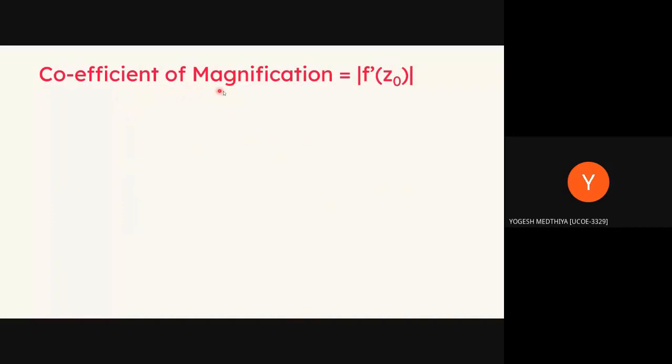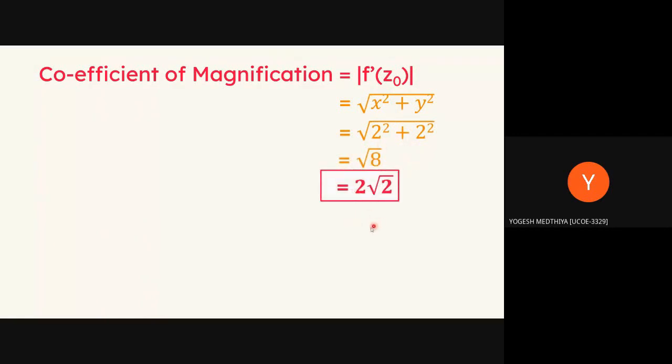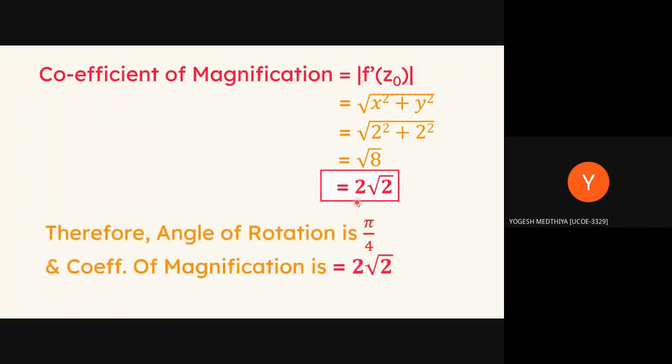Now the coefficient of magnification is given by mod of f dash of z naught, which equals root of x square plus y square. By solving the mod, we get root 8, which simplifies to 2 root 2. Therefore, the angle of rotation is pi by 4 and the coefficient of magnification is 2 root 2.